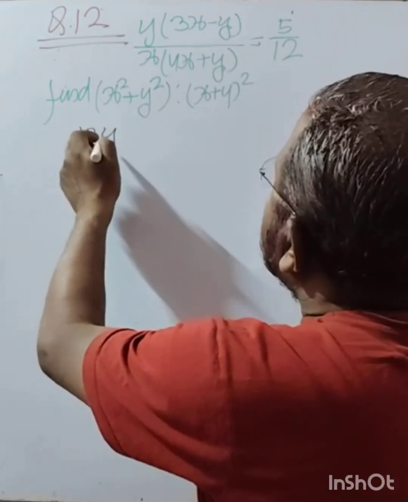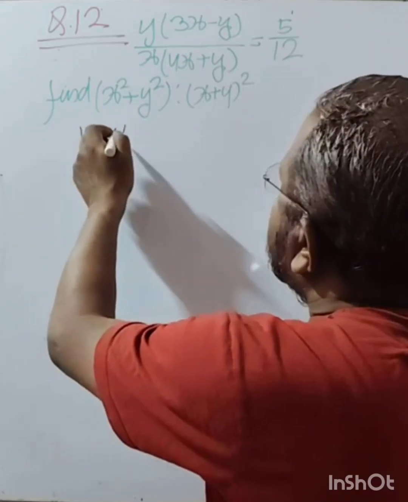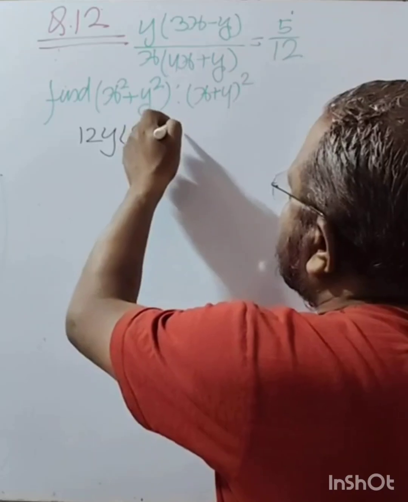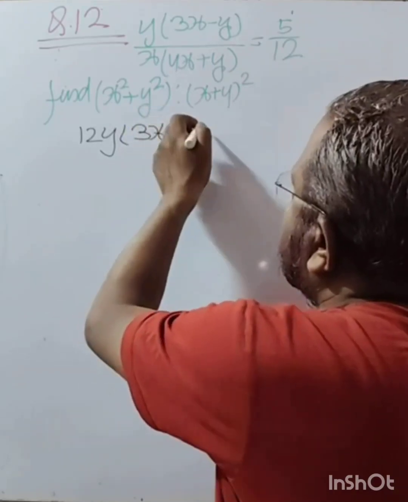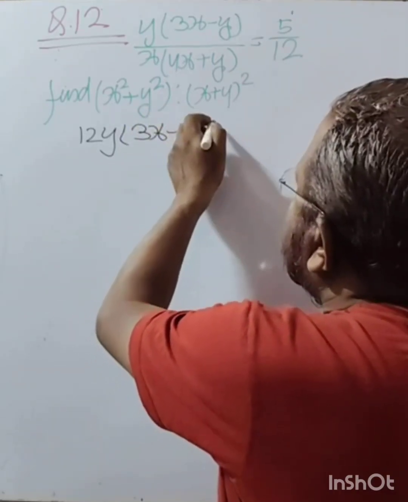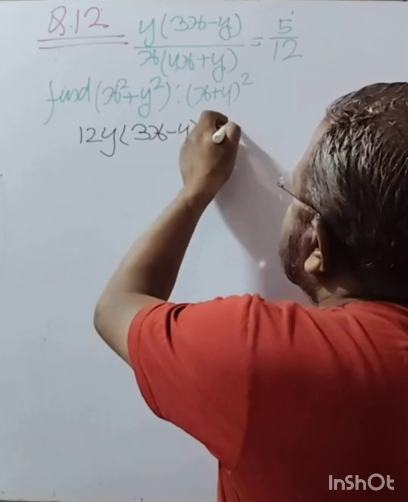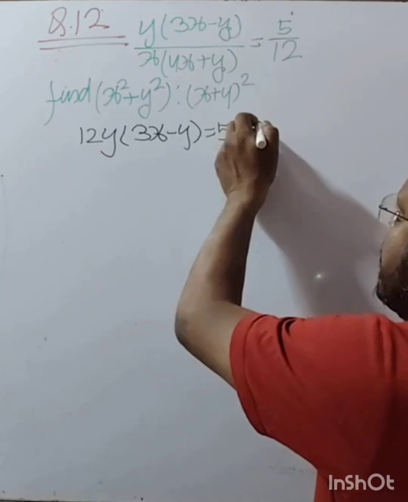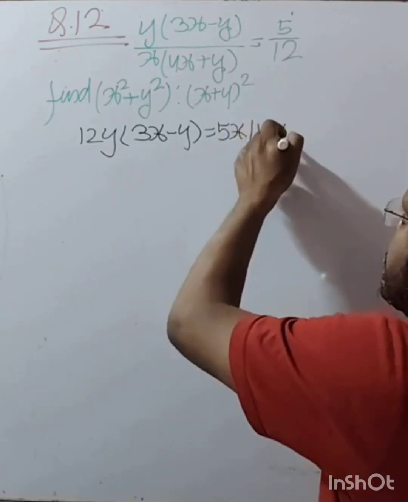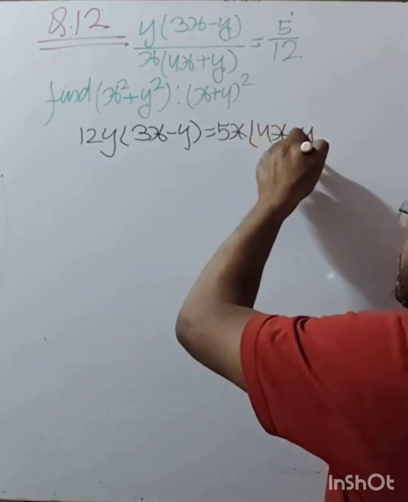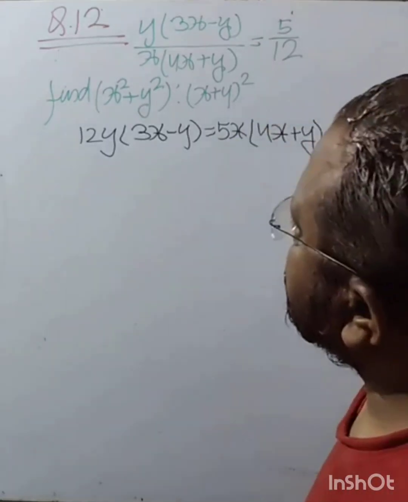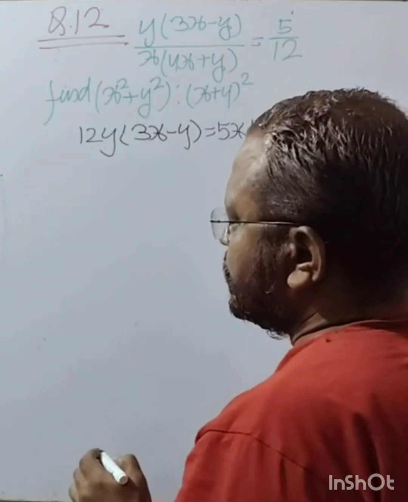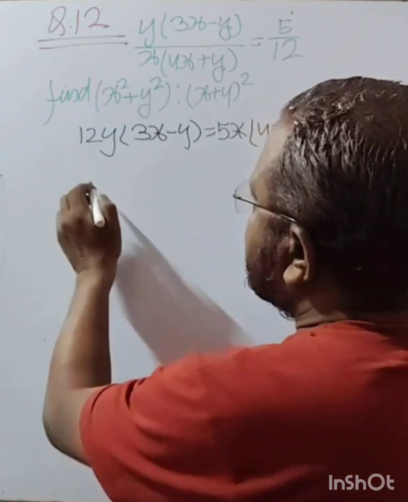So 12y bracket 3x minus y is equal to 5x bracket 4x plus y, right? So it becomes how much? 3 times 12, 12 times 3 becomes 36.